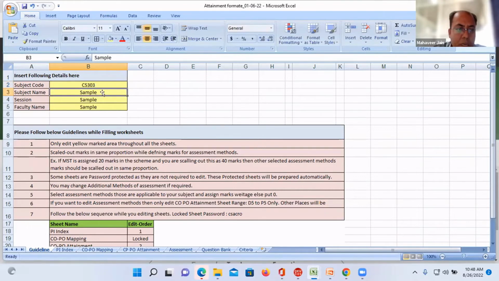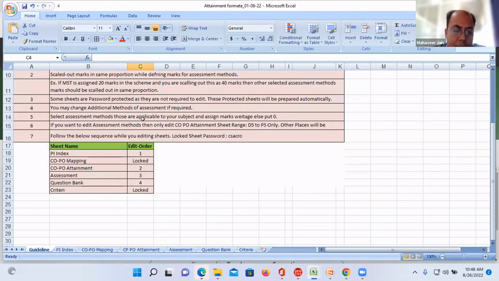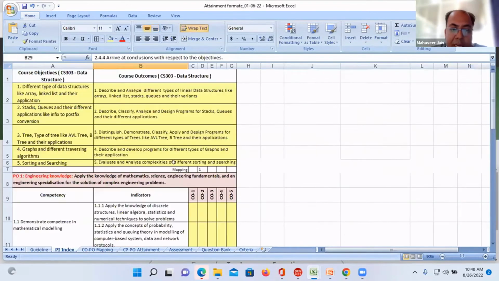The name is data structure. Session 23. The faculty name is Mahavir Jain. So that I have written here. These are some guidelines. Then the PI index.